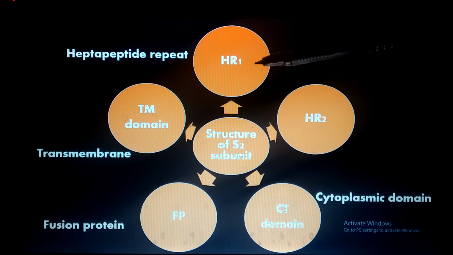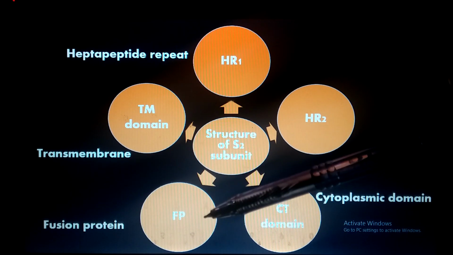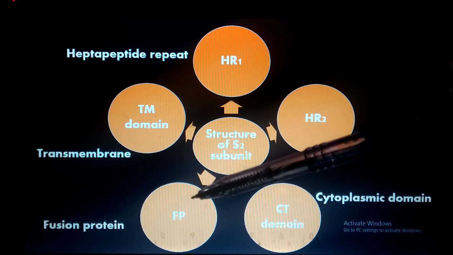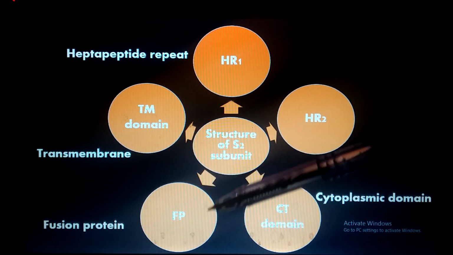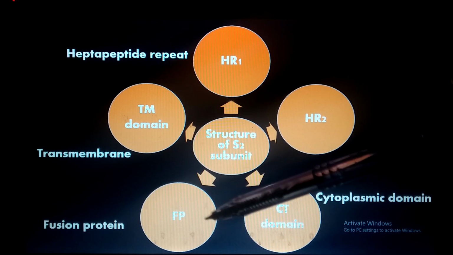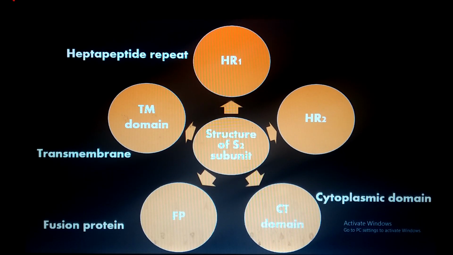All these HR1 and TM help in the attachment and the fusion. Here the CT domain is also present, and most important, the fusion proteins are present. I will discuss later the nature of these FP proteins, and they play a very important role in the attachment of the coronavirus with the host cell membrane.